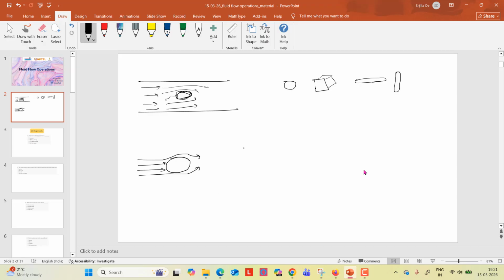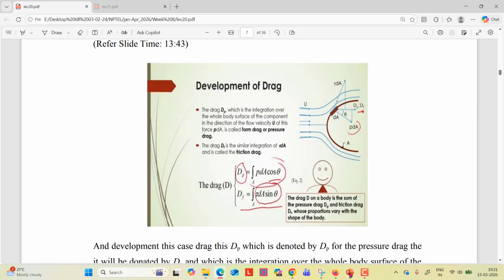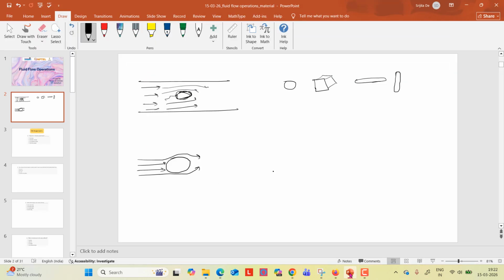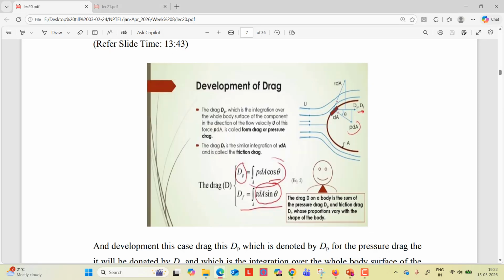So suppose there is a flow. Suppose there is a particle and that is a small area, and the area is along this dA, right?